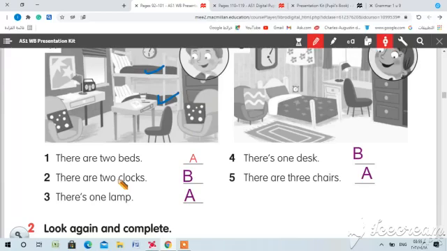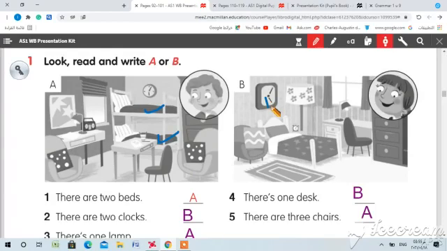Number 2, there are 2 clocks in picture B. This is the first clock, and this is the second one in picture B. So you have to write B with number 2. Number 3, there is 1 lamp. 1 lamp in picture A. This is a lamp. So you have to write A.